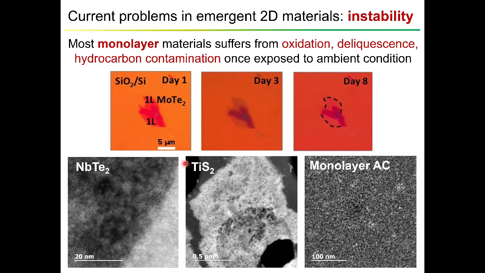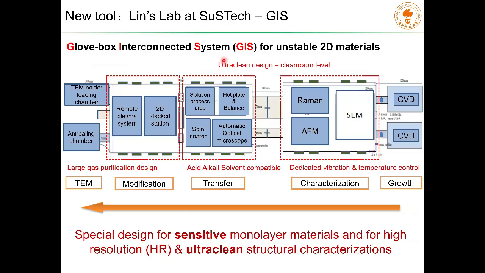So when I went back to SUSTech, I wanted to develop a universal protocol to overcome this issue. That is how I built a very integrated system called the glovebox interconnected system for unstable 2D materials. We connected the growth to characterization, TEM transfer, then modification and cleaning, and finally TEM characterization. All this equipment is connected inside an inert gas environment.